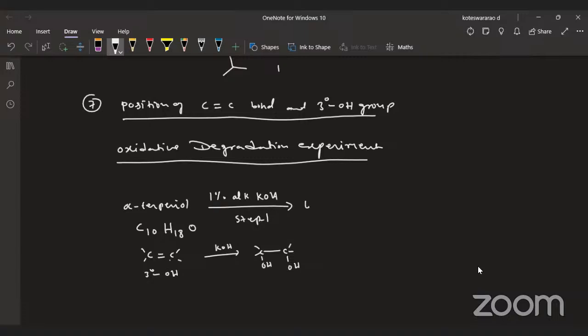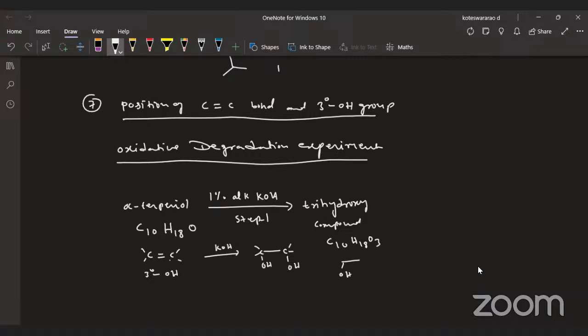From that, the product is a trihydroxy compound or derivative. In this trihydroxy compound, what is the molecular formula? C10H18O3.